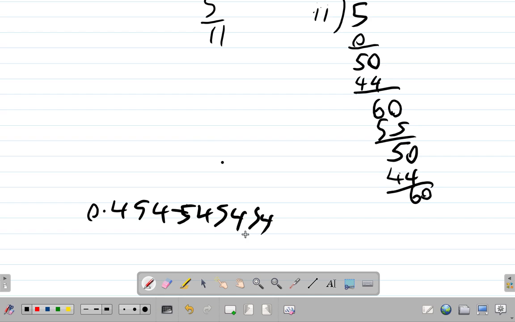It is called a recurring fraction. It keeps repeating itself. It reoccurs.